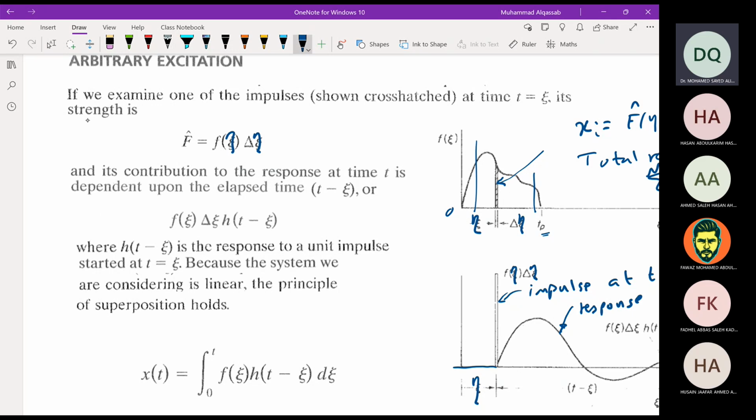And the response x due to this impulse at t equal to eta is f of eta times delta eta, which is f hat, times h of t minus eta.